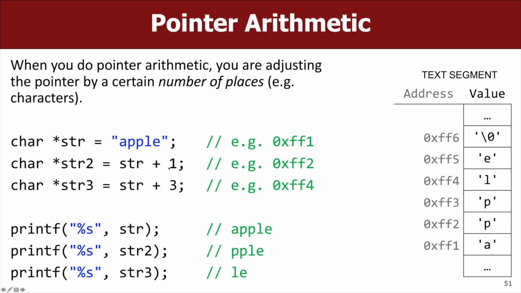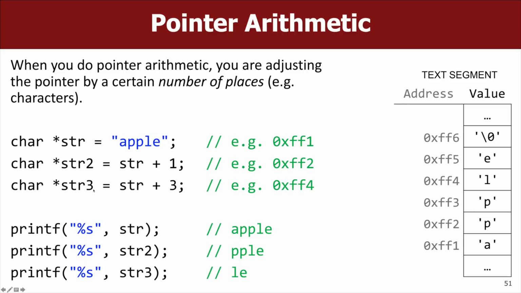And so what C does is it looks at str. Str is storing 0xff1, which is the address of the letter A, in the text segment. And so str2 will equal one place after str1. So it will equal 0xff2 because that's where the next character is stored. Similarly, when we say str plus 3, this says I want str3 to point to 3 places after str does.